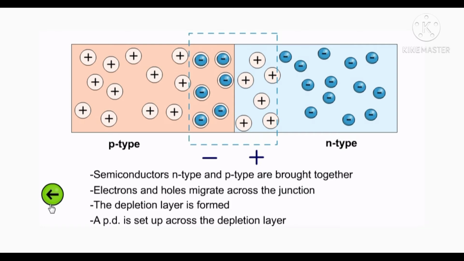Definition of potential barrier and depletion region. See in this picture, the dotted line indicates the depletion layer, and the potential difference across the depletion layer is the potential barrier.